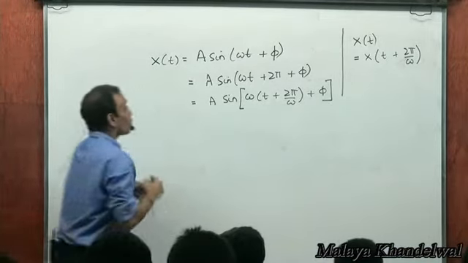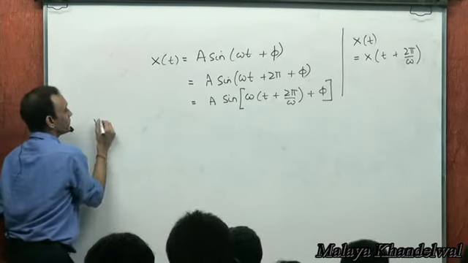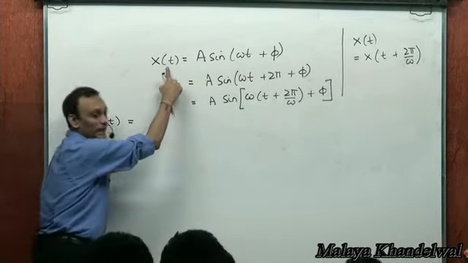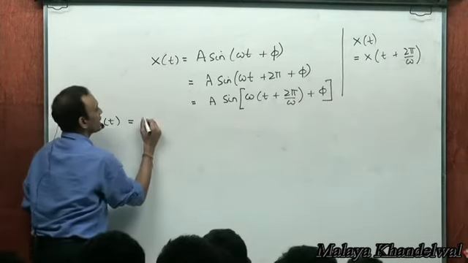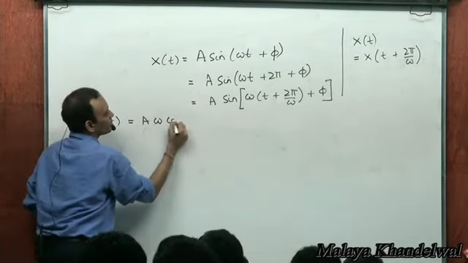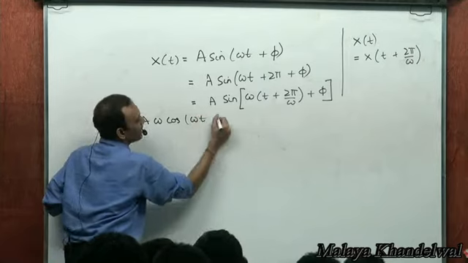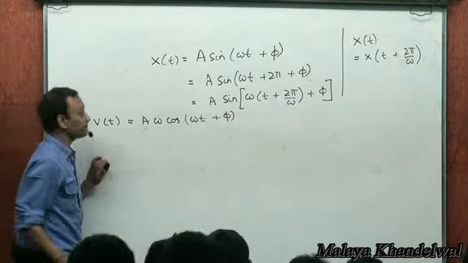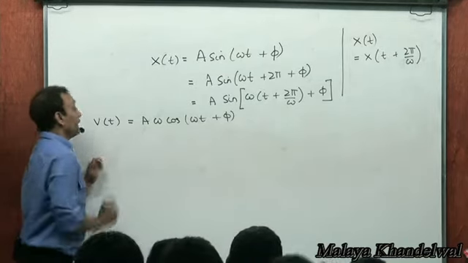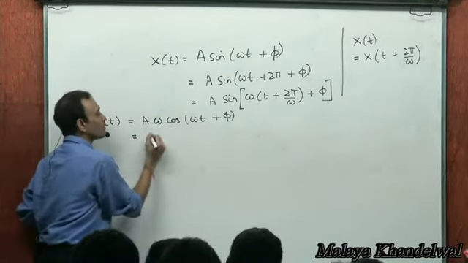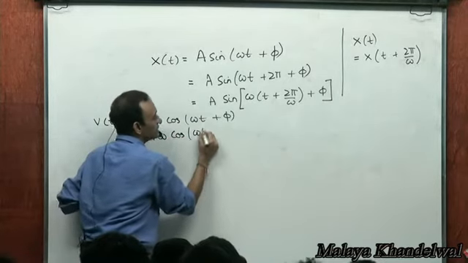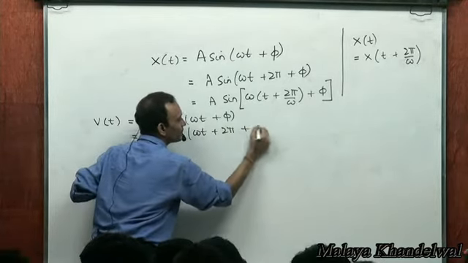Next, what's the velocity of the particle? Velocity of the particle at any given instant of time t can be obtained by differentiating this, which is like a omega cos omega t plus phi, right? Now, this could also have been written as a omega cos omega t plus 2 pi plus phi.